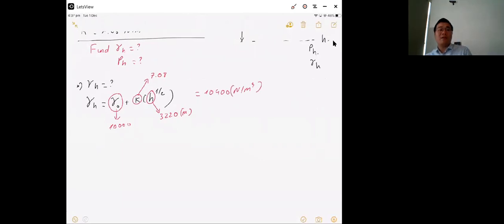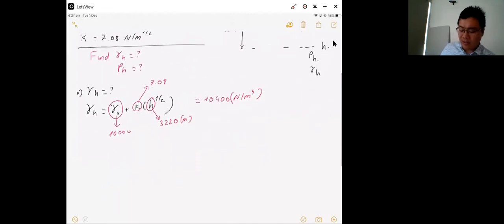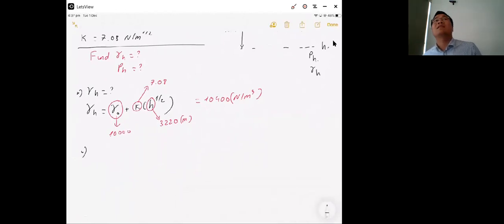A little bit higher than the weight density at the ocean surface. It's not constant. At the ocean surface, the weight density is 10,000, and at the depth of 3.22 kilometer, the weight density is 10,400 newton per meter cube. If you have this question on the quiz, one question, 1 mark, that's easy.